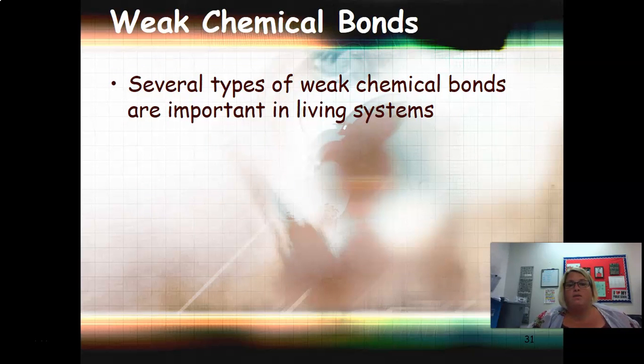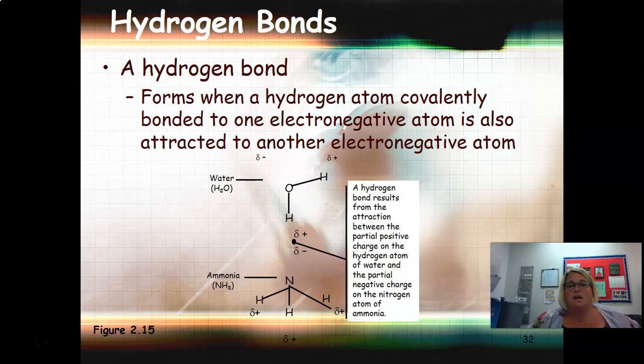So a couple other types of weak chemical bonds. We've talked covalent, which is sharing. We talked ionic, which is transferring. Let's talk hydrogen bonds. Hydrogen bonds form when a hydrogen atom covalently bonds to one electronegative atom and is also attracted to another electronegative atom. Meaning what?